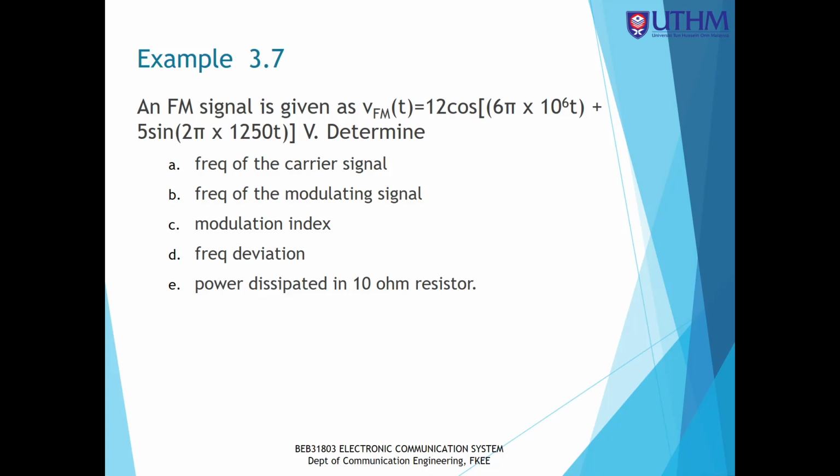From the given equation, I know that this is equal to Vc, 12 volt, and this is actually related to fc. So I need to divide by 2 pi to get fc, which is 3 megahertz.